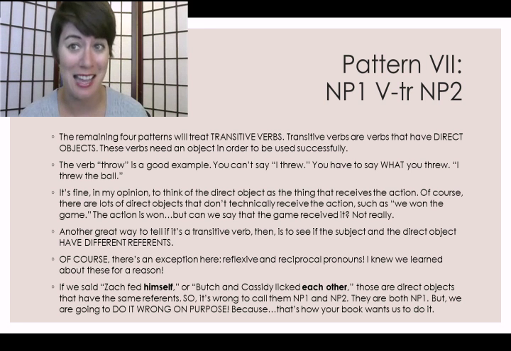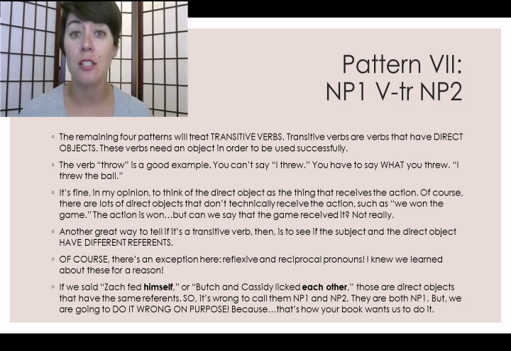Himself is referring to Zach. Each other is referring to Butch and Cassidy. Technically, those aren't NP1 and NP2. They're NP1 and NP1. But we are going to go ahead and call them NP1 and NP2 anyway, even though they have the same referent, because they're still the direct object, and that's how your book would like us to do it. I am not going to start disagreeing with the book now.